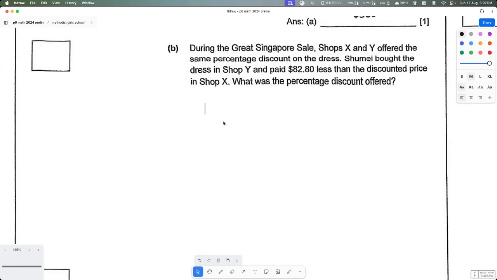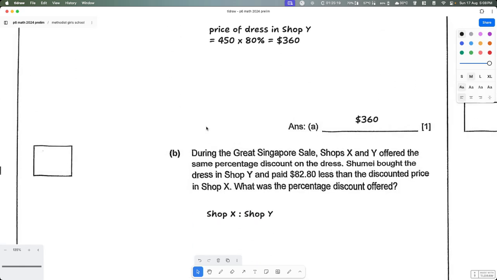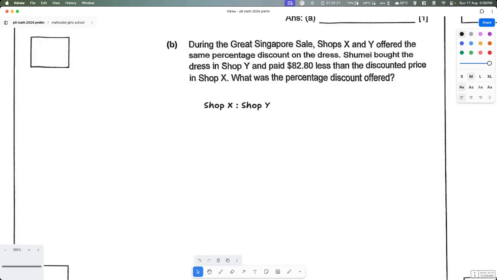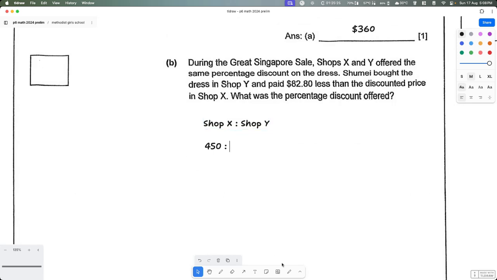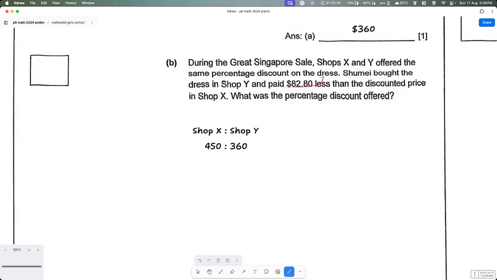Okay, so let's use a ratio of Shop X and Shop Y. For that, you can put 450 is to 360 dollars. In this case, the next thing is we want to have the difference, because we have $82.80.